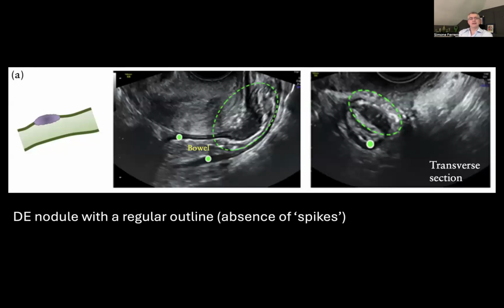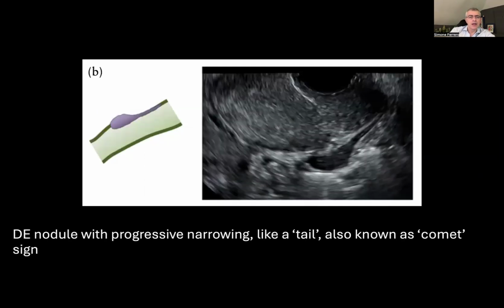The first case is a nodule which has a regular outline, and there are no spikes, as you can see in the longitudinal and the transverse section. Here you can see the nodule which has the comet sign. On the right, you can see that there is a progressive narrowing of the nodule.